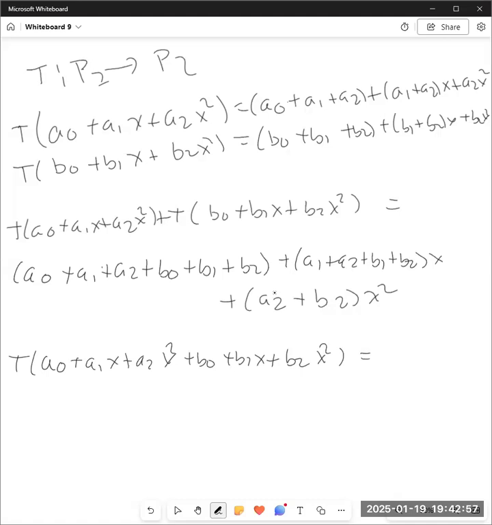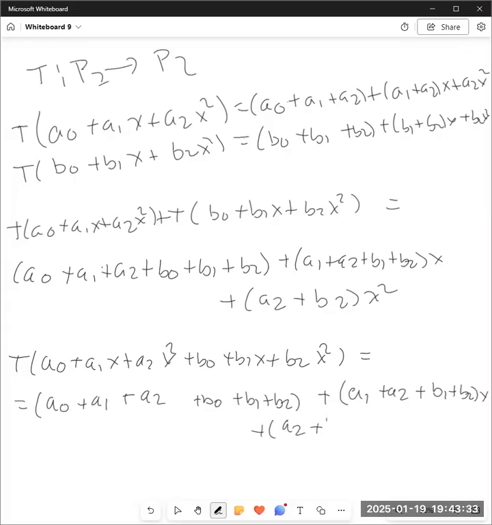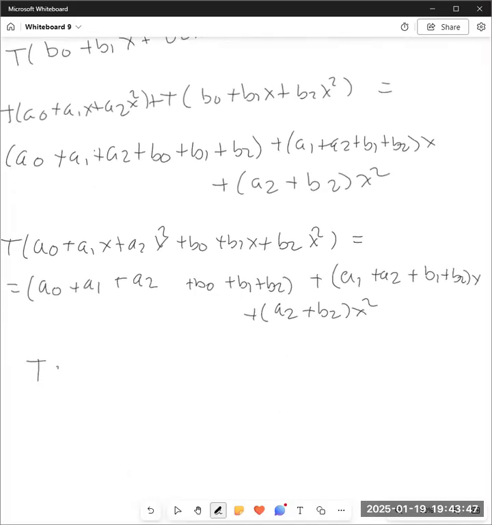So we're going to have the constant part, a0, a1, a2, b0, b1, b2, plus the linear part, a1 plus a2 plus b1 plus b2 x, plus the quadratic part, a2 plus b2 x squared, and those are equal to one another. So it passes the first part.